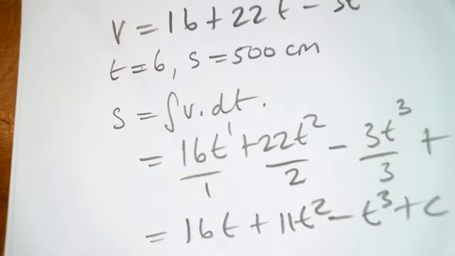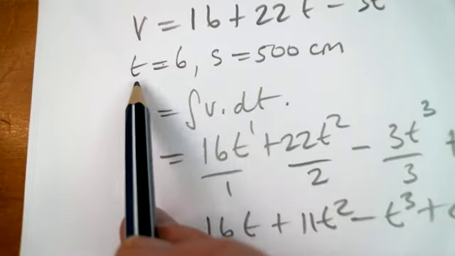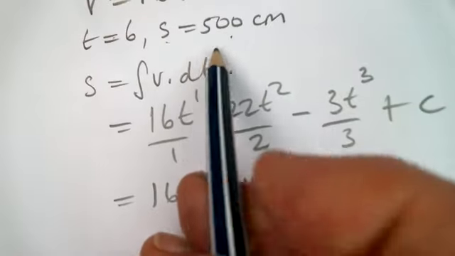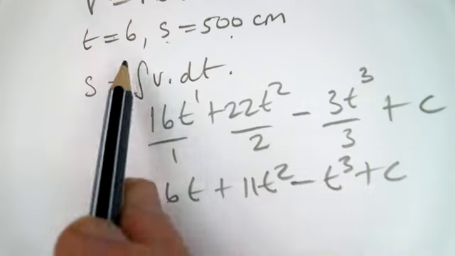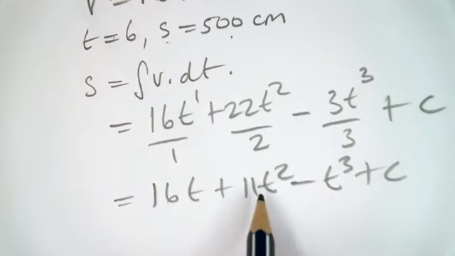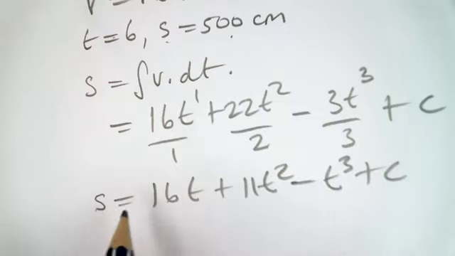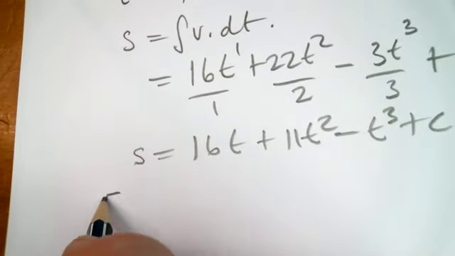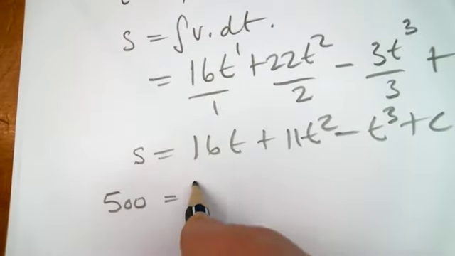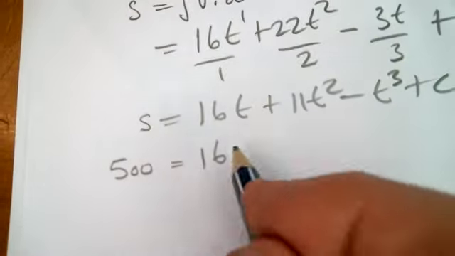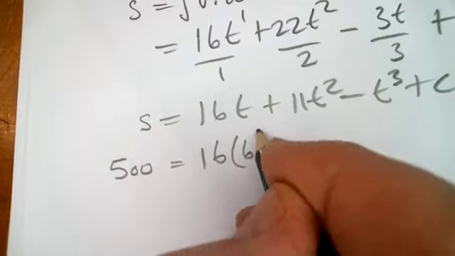Now we are told that when time is 6, distance is 500. If we plug those figures in, we can find c. So we know this is s, so let's make that 500. So 500 is equal to 16 times 6, plus 11 times 6 squared, minus 6 cubed, plus c.